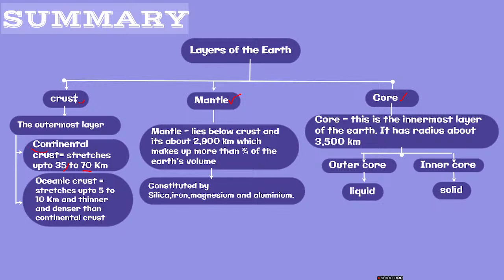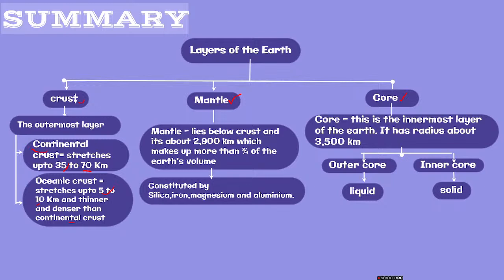In the previous video I showed by a diagram how the oceanic crust is located between two continental crusts. If you haven't watched, please watch it after this video. And this oceanic crust can stretch up to 5 to 10 kilometers, but it is much thinner than the continental crust.